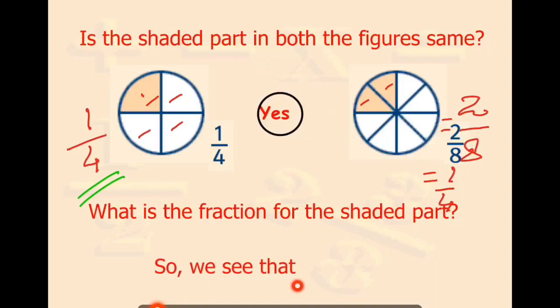So in totality, we see that 1 by 4 is equal to 2 by 8. So basically these two fractions are not different, they are simply looking different, but actually they are the same, because 2 by 8 is also your 1 by 4.